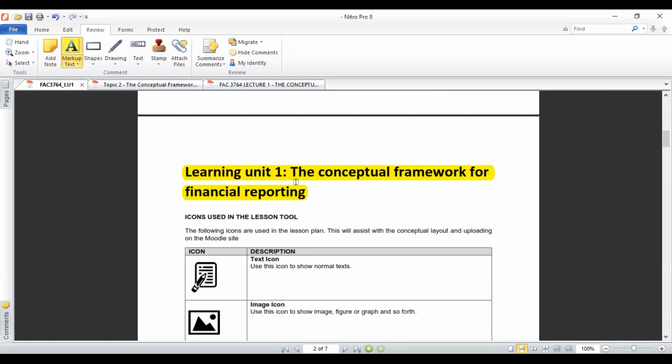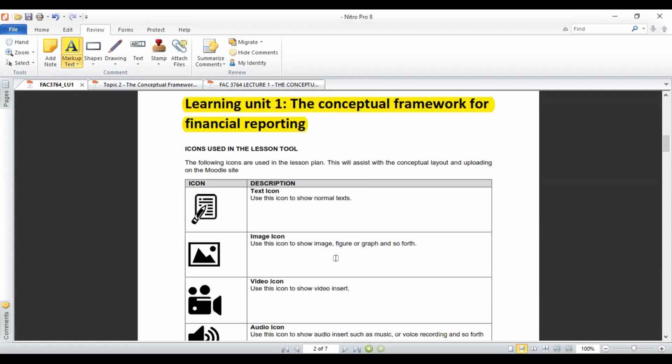It's very important to understand what the conceptual framework really is, and the basis of reporting that companies are expected to follow or use. We also look at what I call the elements of the financial statements that affect the financial statements that you would see according to the IFRS standards. So it's very important to have a look at that.